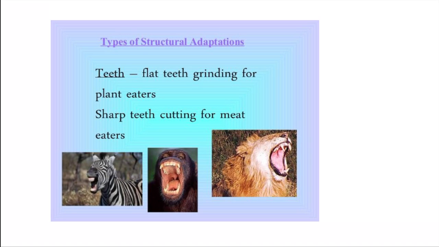Sharp teeth like a lion, very sharp, eating meat like deer, pigs, rats, snakes, everything. They have very sharp teeth, so this is very dangerous, and it's not good to get close to these sharp-toothed animals, lions, tigers, and some other animals.